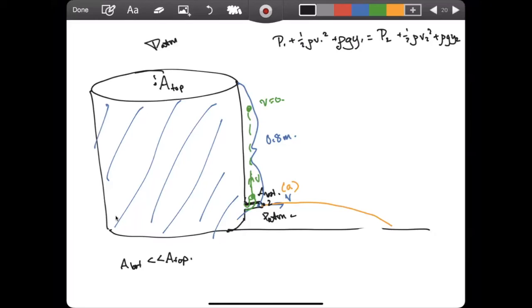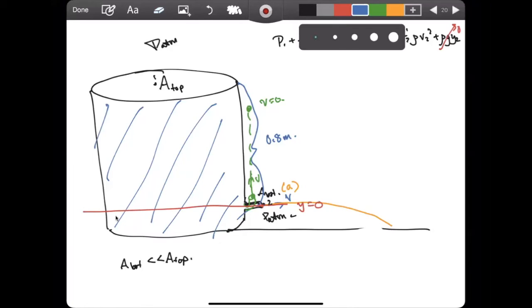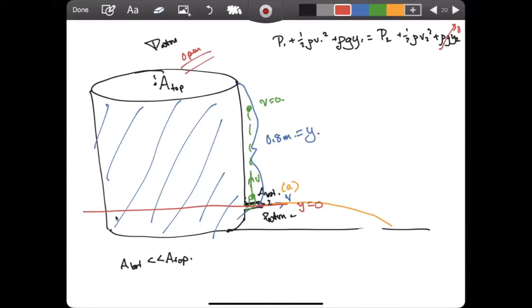Let's take this as our y equal to 0 location, because we know our height is relative to that. So in this case, y2 is going to be 0. And then y1, I'm simply going to call some height y. The other thing we know is since this thing is open on the top, it's at atmospheric pressure, P atmosphere.